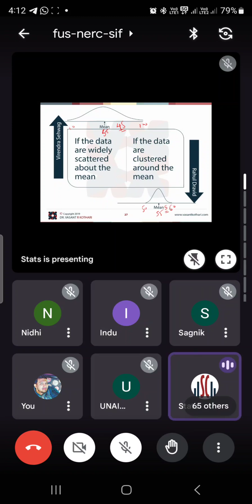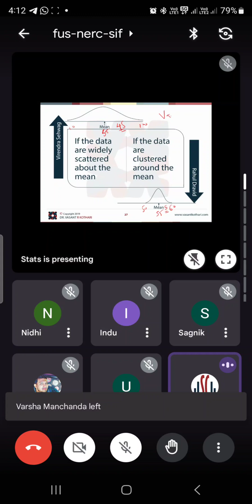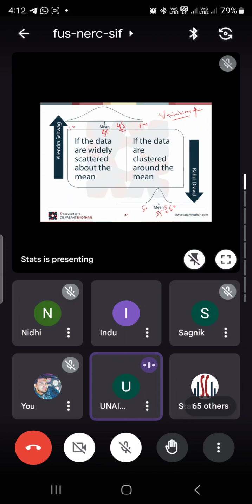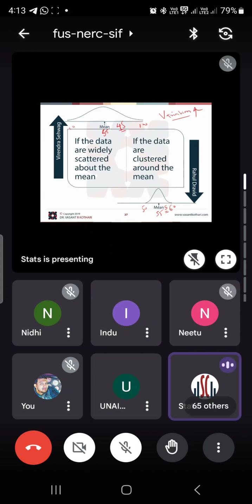Now, if deviation is more, it means variation is also more. So which one is more reliable? Dravid. Because Dravid has less variation. Remember the concept.